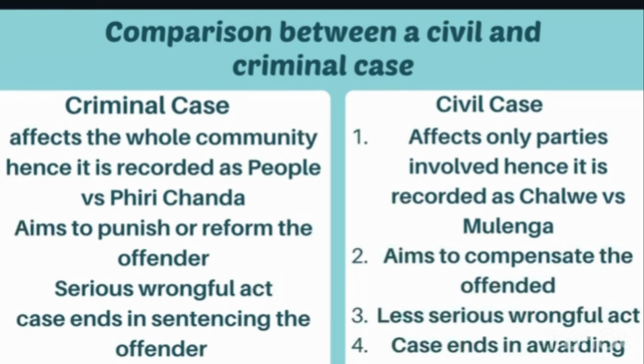But for a civil case, it ends in awarding damages to the wronged, such as settling the debts. If you have failed to settle the debts, the court will compel you to pay those debts. So a civil case ends in awarding damages to the wronged.